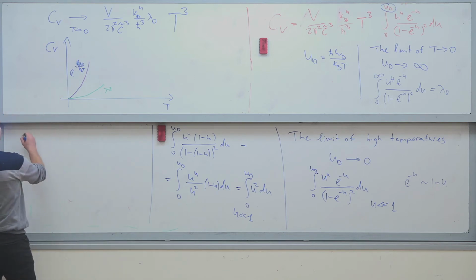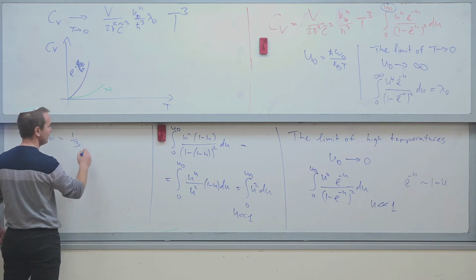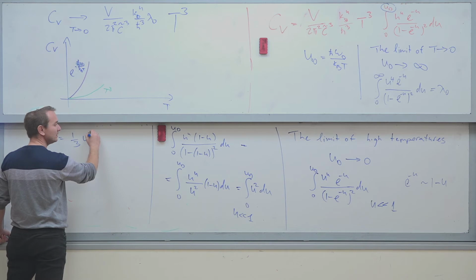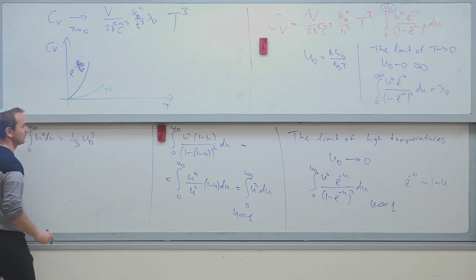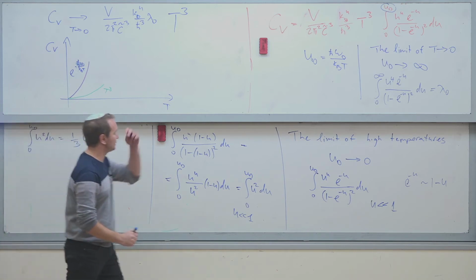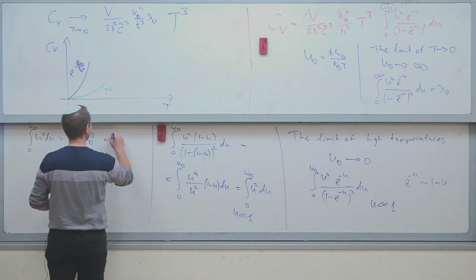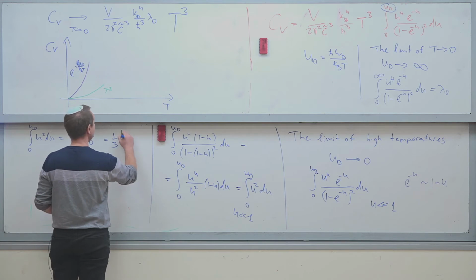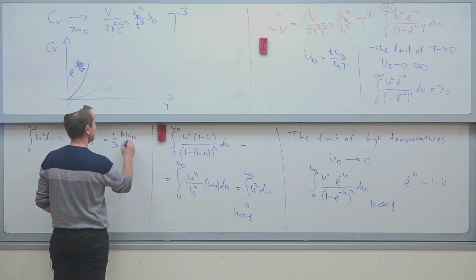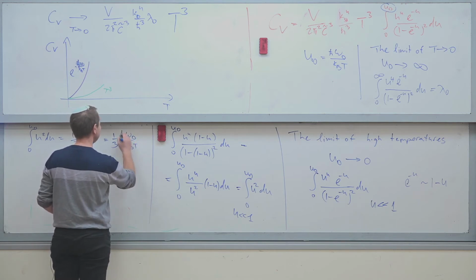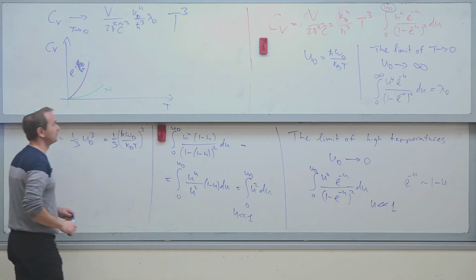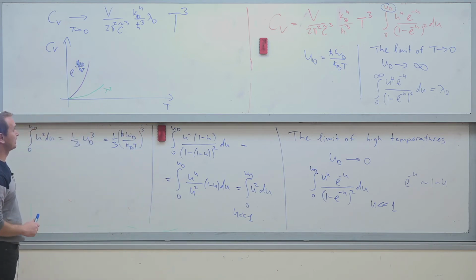So we obtain that this integral from 0 to u Debye of u squared du is 1/3 of u Debye to the third power, which equals 1/3 of h bar omega Debye divided by k Boltzmann T to the third power. All right.